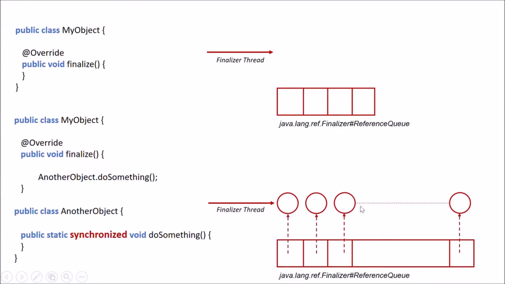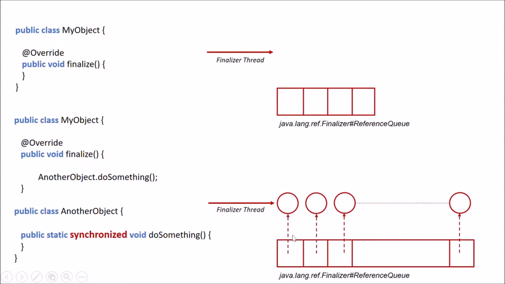If he cannot execute them, what's going to happen? New objects which have a finalize method will keep getting added to this queue. If they keep getting added to this queue, your memory consumption is going to grow. Your memory starts growing, and your finalizer thread is in the blocked state.